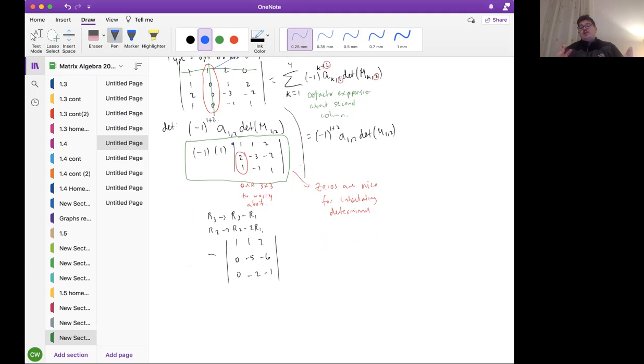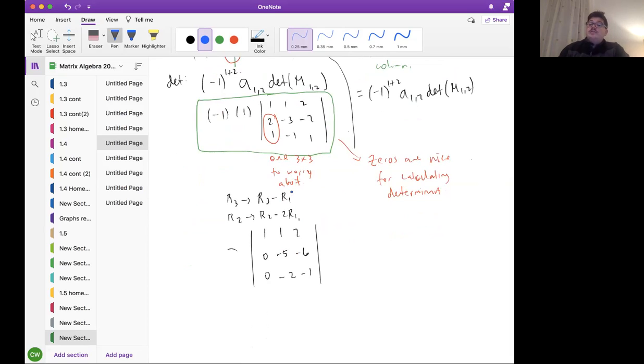In this way, we only have one non-zero cofactor, which is the cofactor on A12. So when doing the formula, we are left with finding the determinant of a 3 by 3. How do you find the determinant of a 3 by 3? Well, if you do row ops, it makes finding the determinant a lot easier.